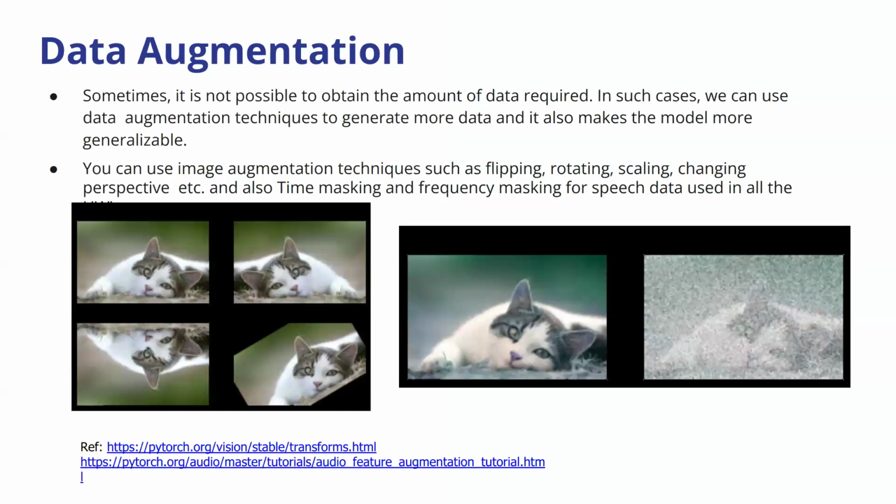So the first one is data augmentation. Sometimes the kind of data you are feeding to your model cannot be sufficient to generalize. You would like your model to see your data in many forms, right?